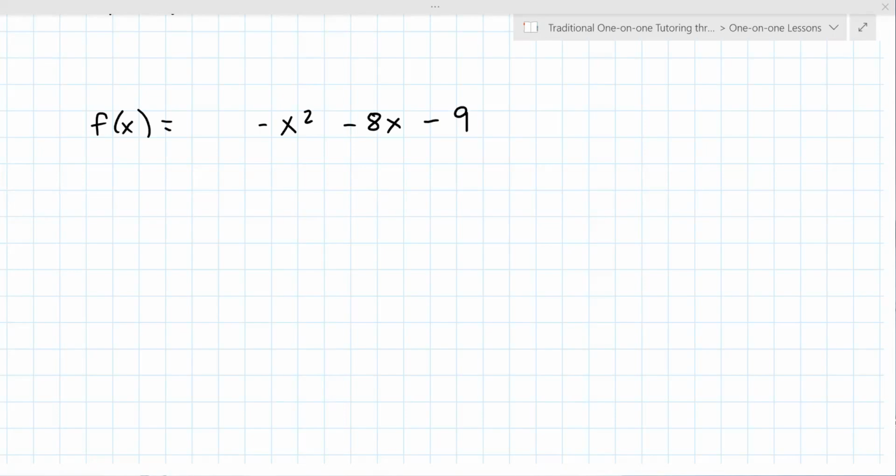Negative x plus 4 squared plus 7. That's looking pretty good. Yes, that is correct.